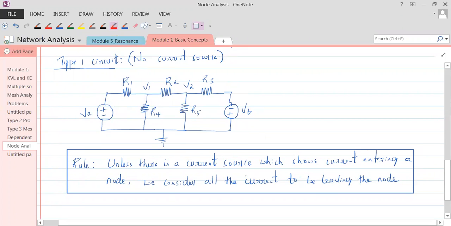See here, currents are leaving. We consider currents to be leaving if no current source shows entering current.